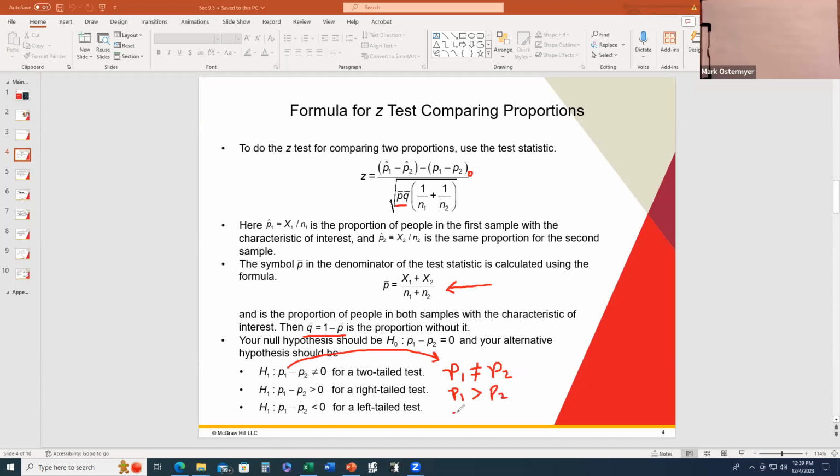And the last one would imply that population proportion 1 is less than population proportion 2. So whether you state them this way or this way, they mean the same thing. No difference. A lot of this is something that we've seen over and over again. We know there's always a two-tailed test, upper or lower tail test possibility. So there's nothing new here.